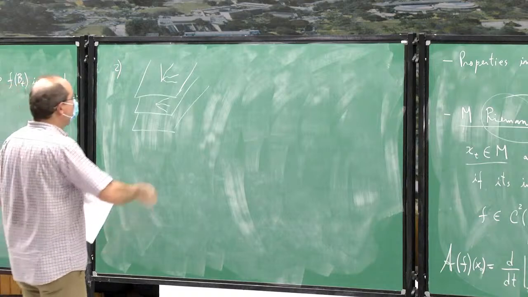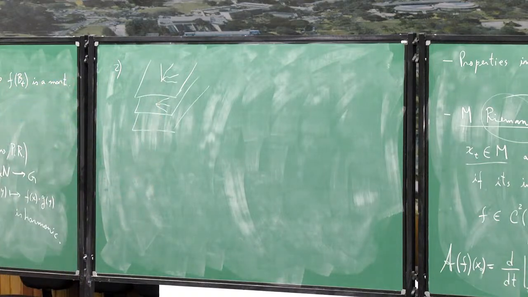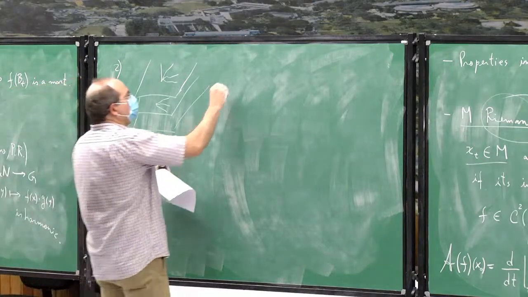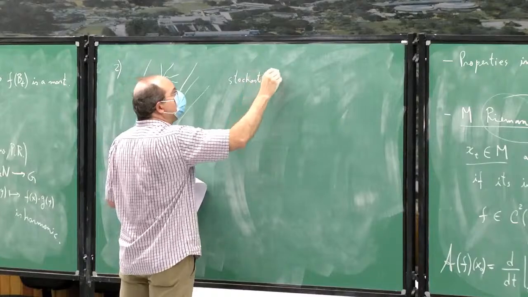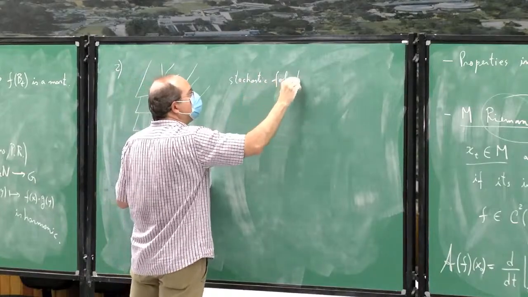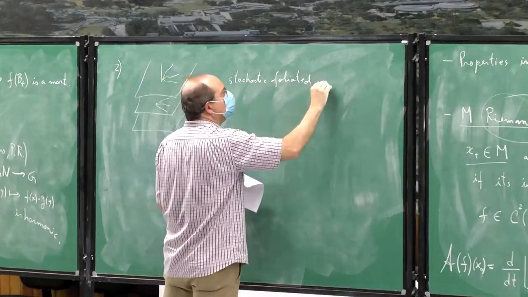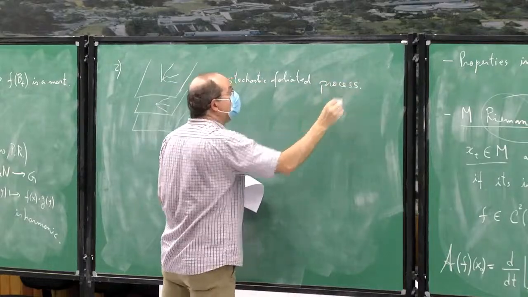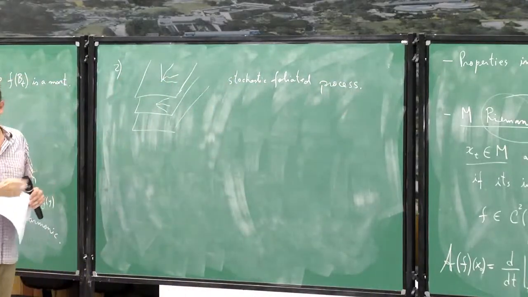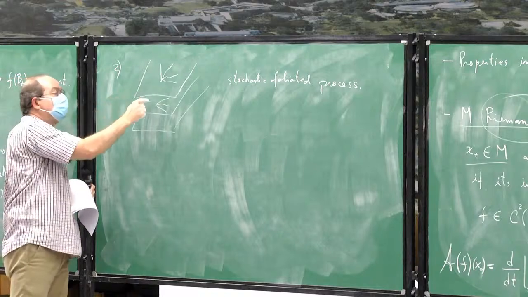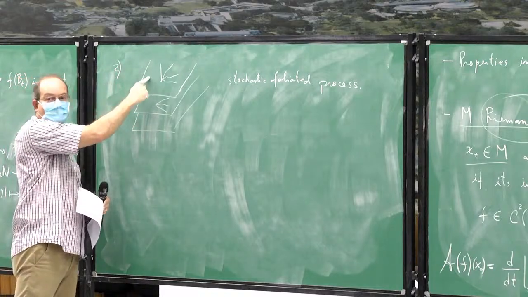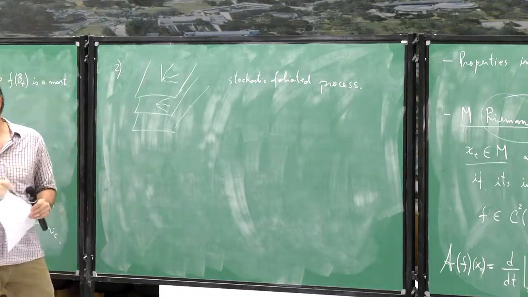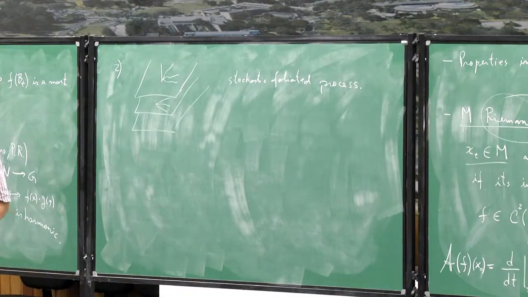And there are many interesting results here. This is a stochastic foliated process. And one can ask, is it possible to have one equation such that on each leaf we have a Brownian motion with respect to these submanifolds? And the answer is yes.